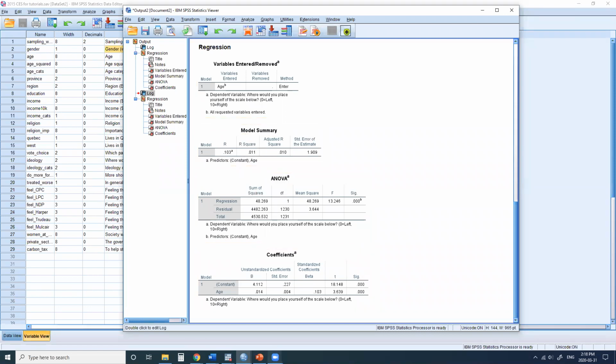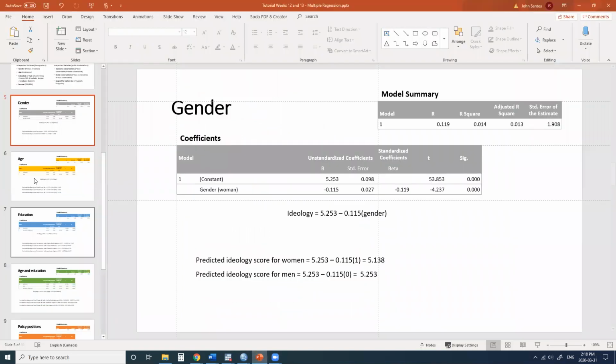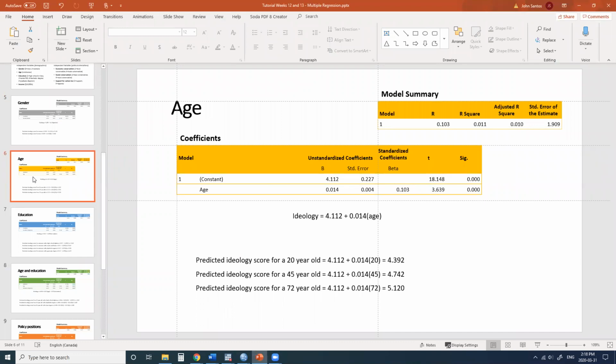And I'm going to switch back to PowerPoint here. You can keep looking at your screen, or you can look at what I'm putting up here. You'll see that the unstandardized coefficient for age is 0.014. So what does that mean? So our independent variable is age, measured as a continuous variable in the units of age.